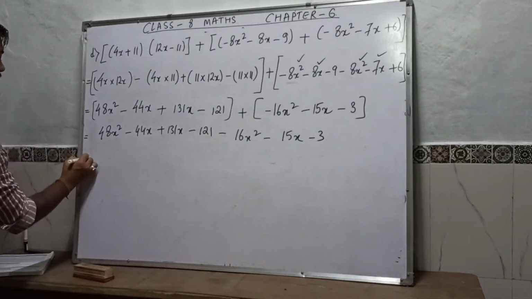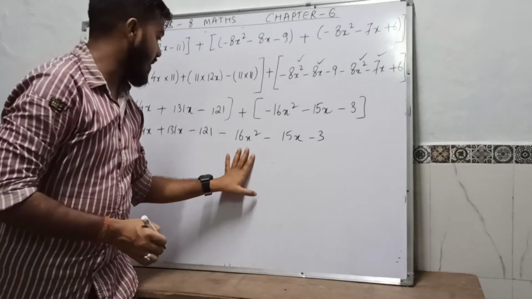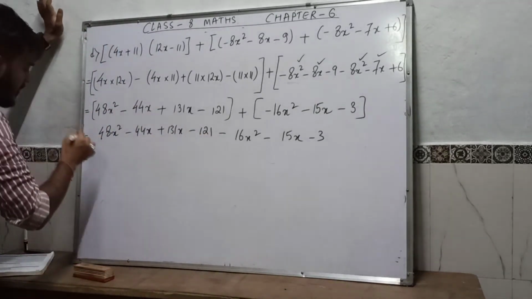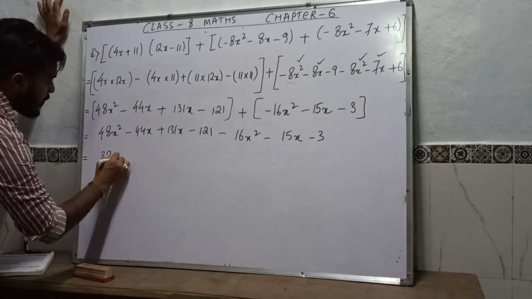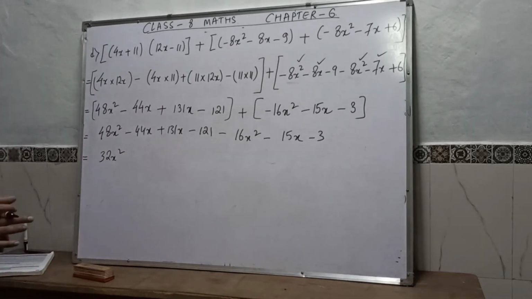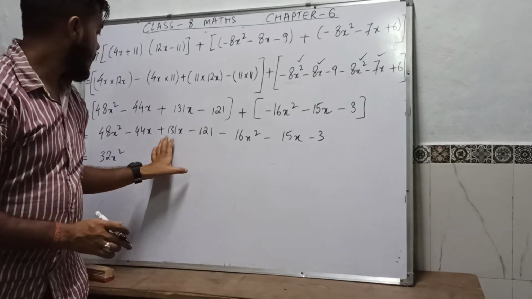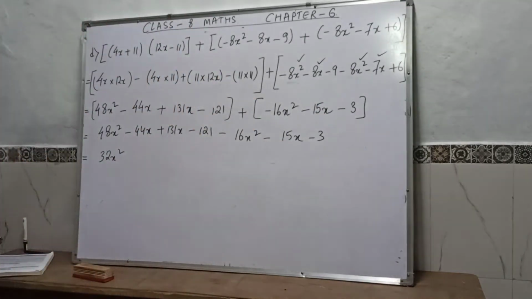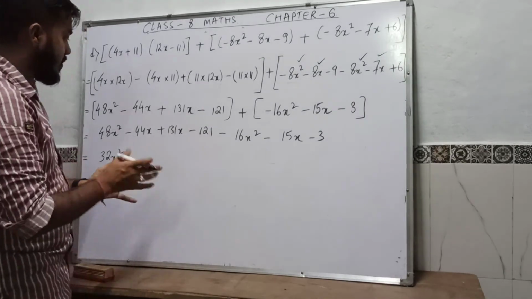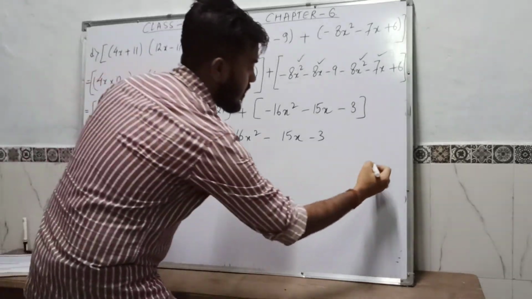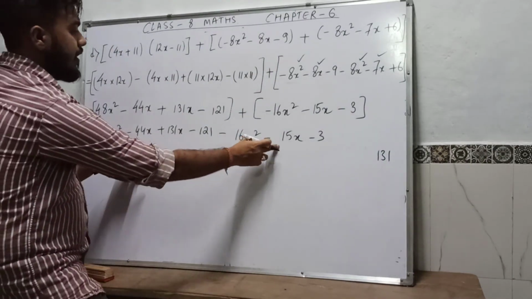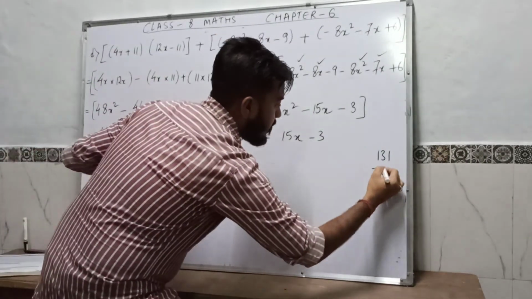Now again you check. X square is there, right? So 48 minus 16 will give you how much? 32. Okay, 32x square. Done. Next, 44x, 131x, 15x. Okay. Now first you know what is your positive term. 131 is your positive, correct? 131 is your positive. Now 44 and 15 are your negative. So you have to subtract, right? So minus 44.